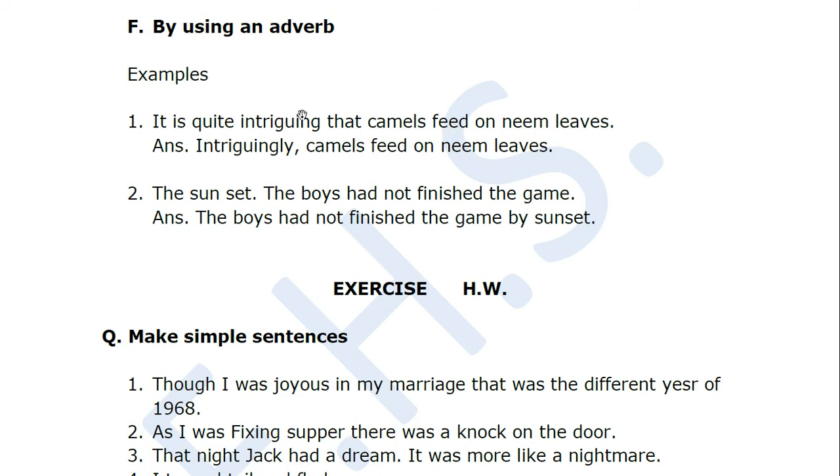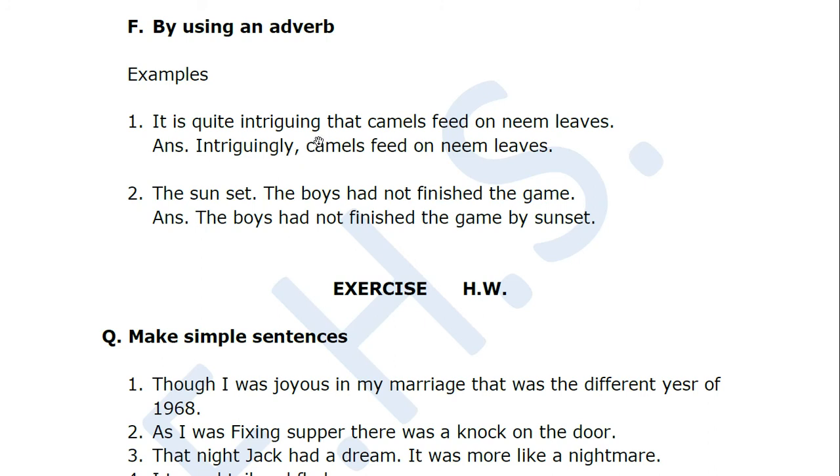It is quite intriguing that camels feed on neem leaves. So what can you make into an adverb over here? Like slow becomes slowly, in the same way intriguing becomes intriguingly. After that, you will put a comma.